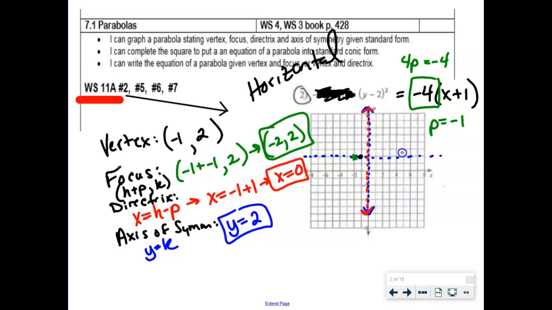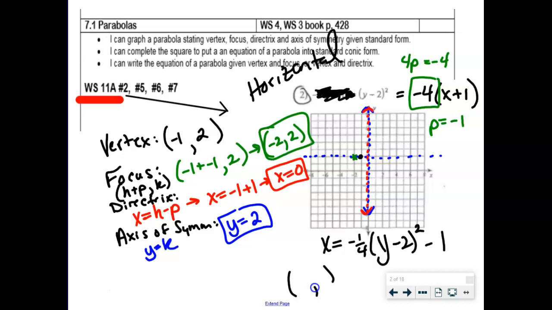And then when you go to graph the actual parabola, this is where you guys can do a little bit of cheating. Do you remember the shortcut? If you don't remember the shortcut, you'd have to rearrange your equation for x. So you'd have to get x by itself, multiply by a negative 1/4, leave it in front of the y minus 2 squared, and then subtract 1. And then you'd have to find an ordered pair, which, it's not the end of the world.